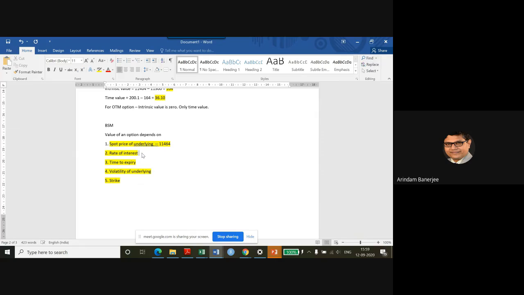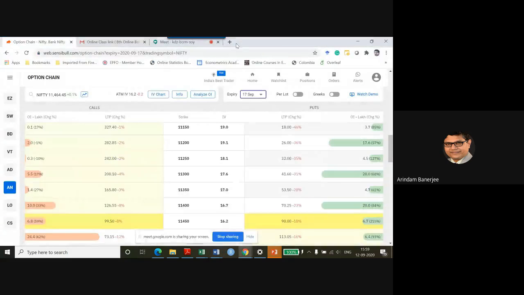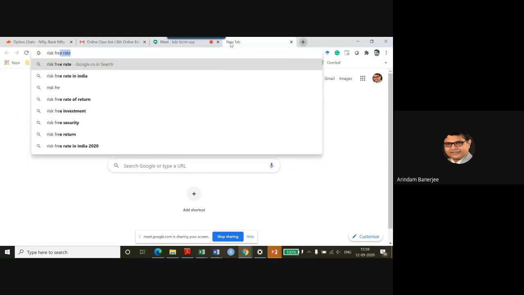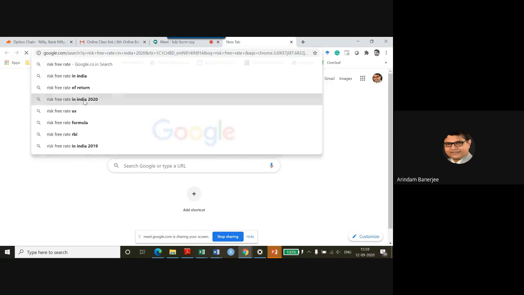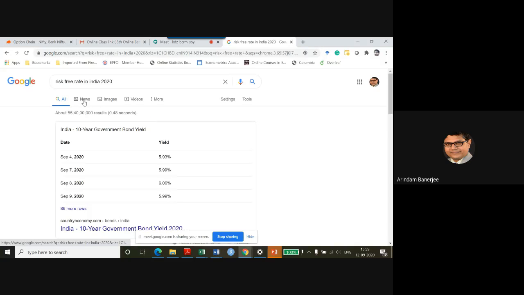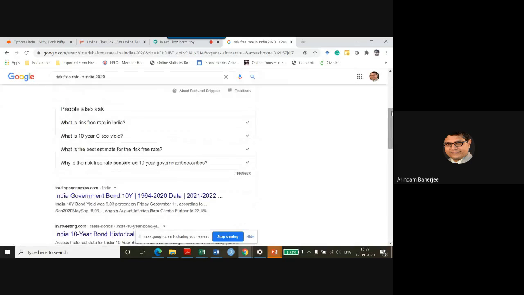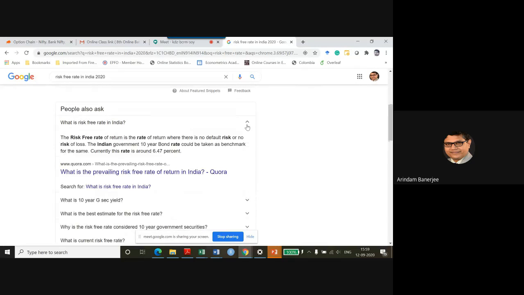Rate of interest, I can search also. Say, for example, if I search risk-free rate in India, 2020, I can take, for example, 6.47%. So I am taking it here as 6.47%.